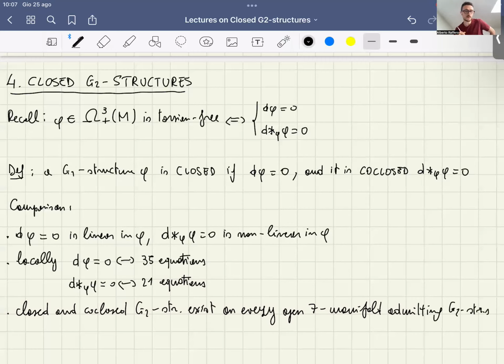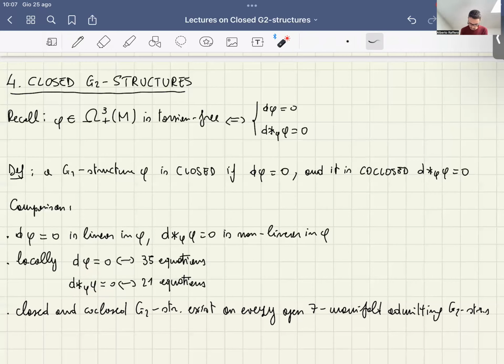And this is because, if you think, for instance, of the similar result for symplectic structures, the idea here is that the 3-form phi and also the 4-form star phi are sections of some open subbundle of the bundle of 3-forms and 4-forms respectively.